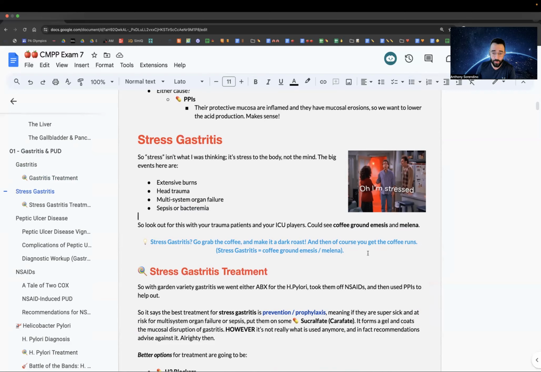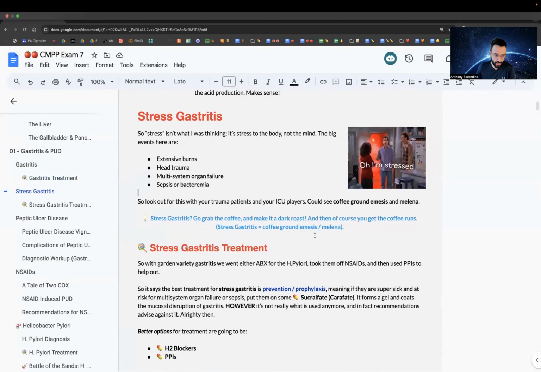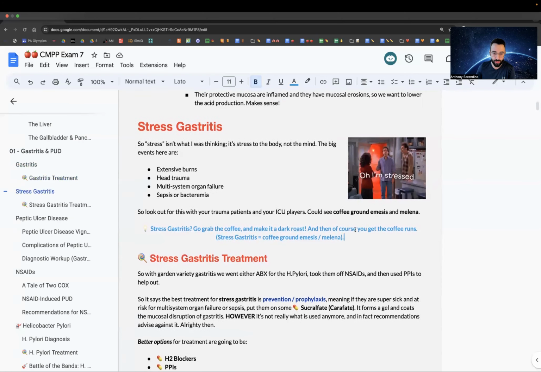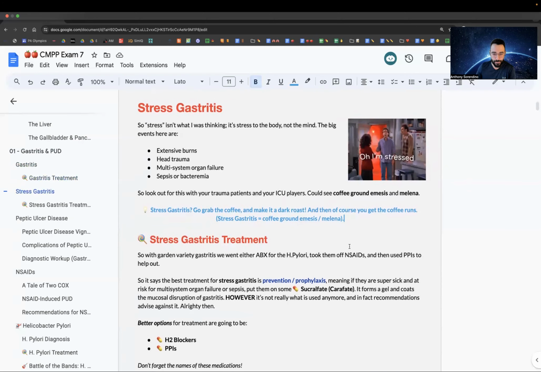You can see coffee ground emesis here and melena. I have a little mnemonic here: stress gastritis, go grab the coffee and make it a dark roast. And then of course you get the coffee runs. So this is stress gastritis with coffee ground emesis and melena. It's that dark blood coming out of both ends there.